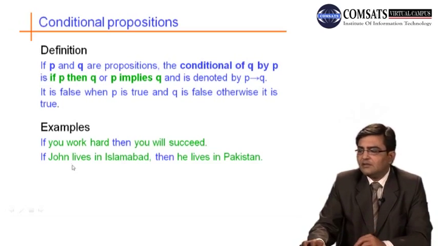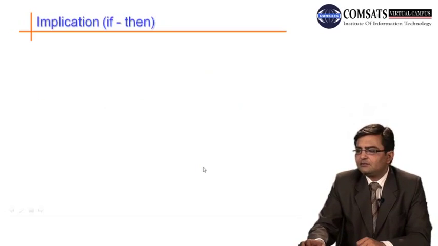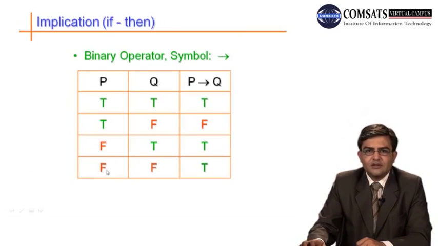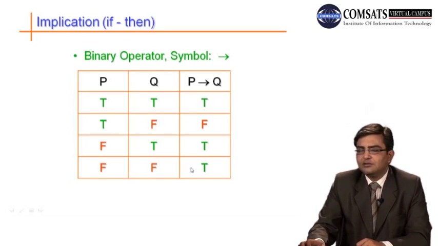Then again, even then he lives in Pakistan. So this conditional statement is true if hypothesis is false but the conclusion is true. In the next case, when hypothesis is false and conclusion is false, means if John doesn't live in Islamabad, he doesn't live in Pakistan. Both hypothesis and conclusions are wrong. In this case, the implication or conditional statement is also true.